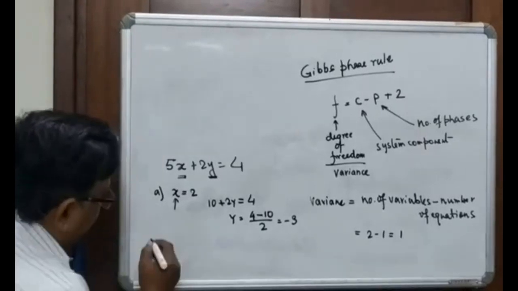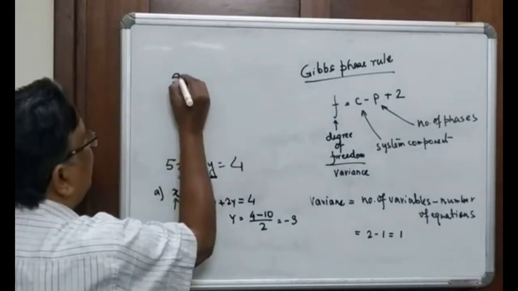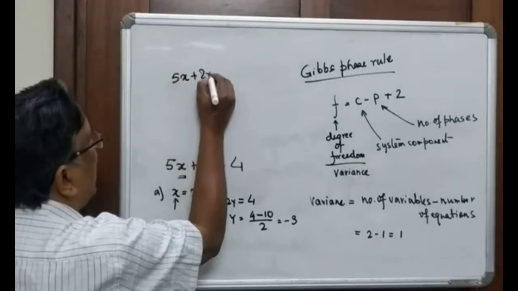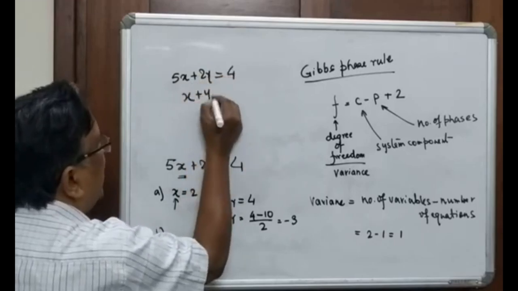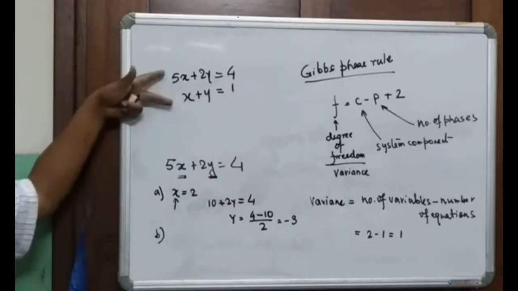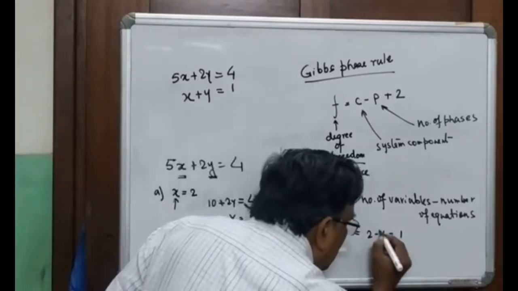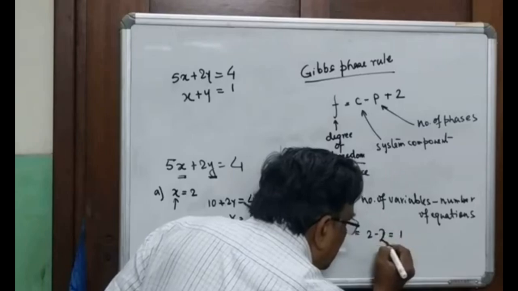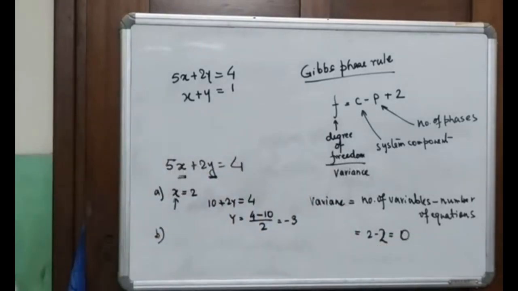Or another way could be, you could write 5x plus 2y is equal to 4 and x plus y is equal to 1. So now you have two equations. So it says 2 minus 2 equal to 0. Means what now?